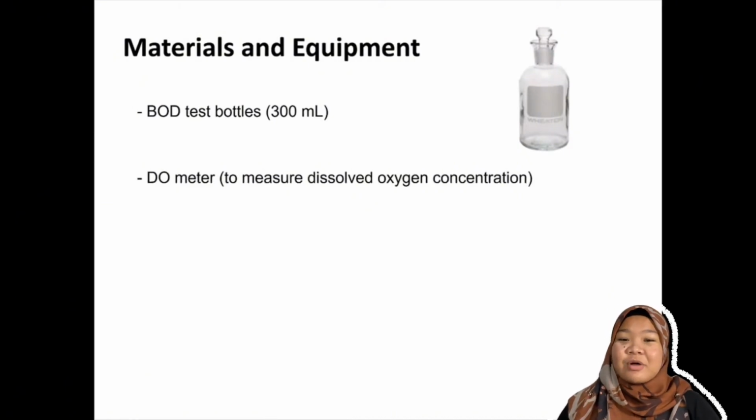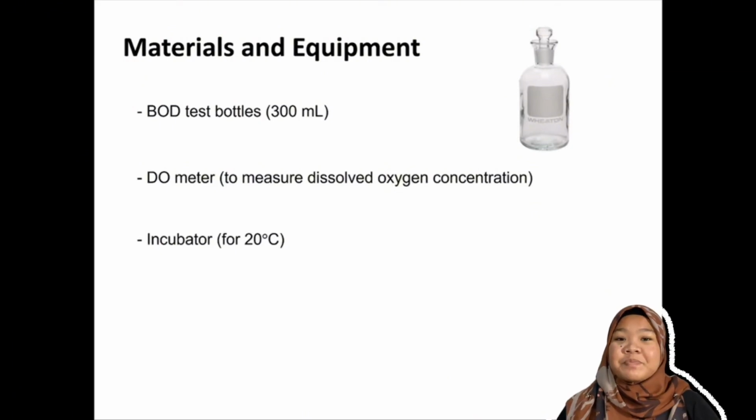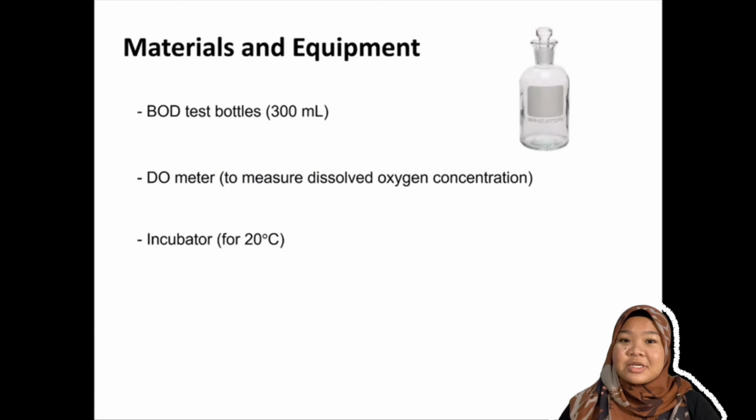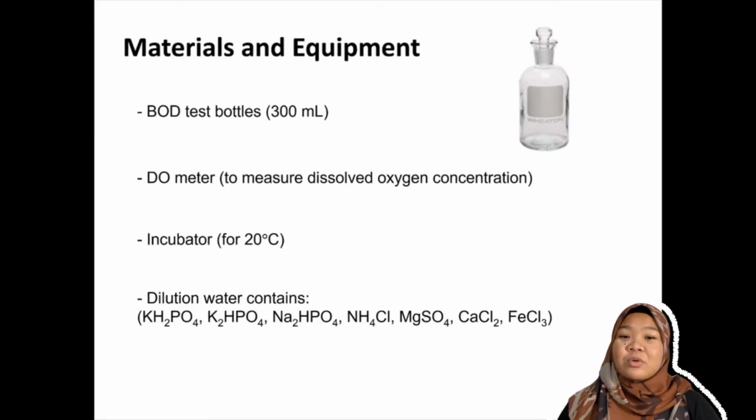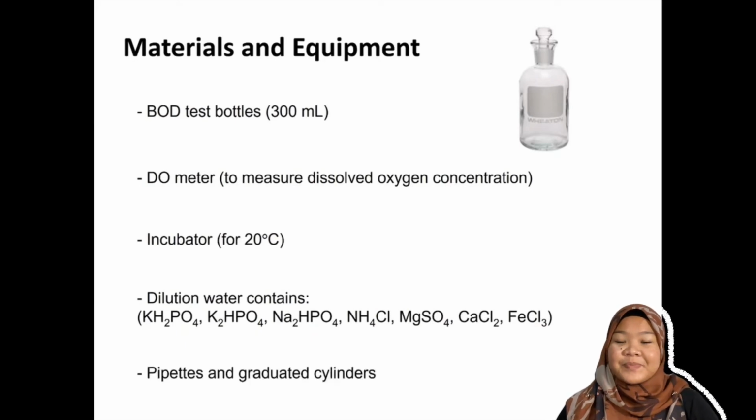Other than that, we also need an incubator to maintain the temperature at 20 degrees Celsius. We also need a wastewater sample. We collected the wastewater sample from the water treatment plant. Next, we also need dilution water to dilute the sample. Last but not least, we also need pipettes and graduated cylinders.